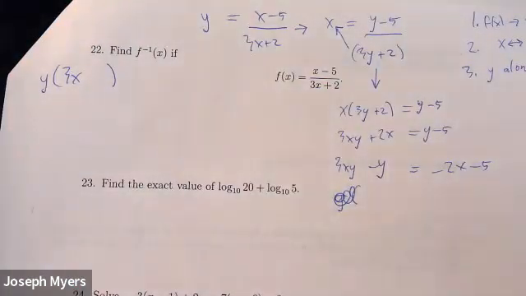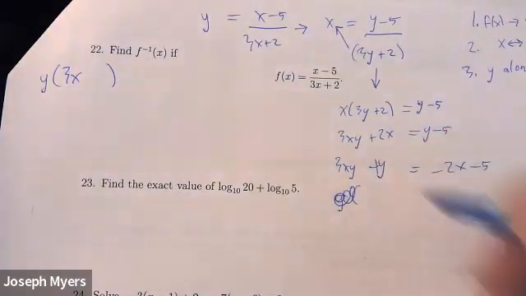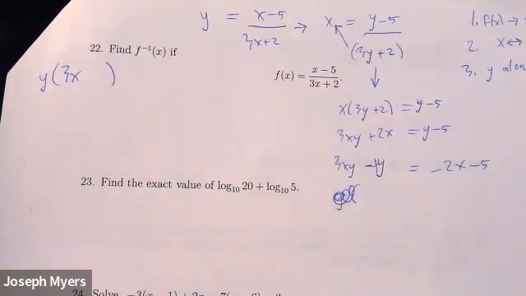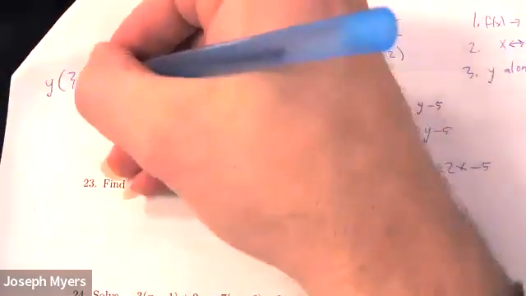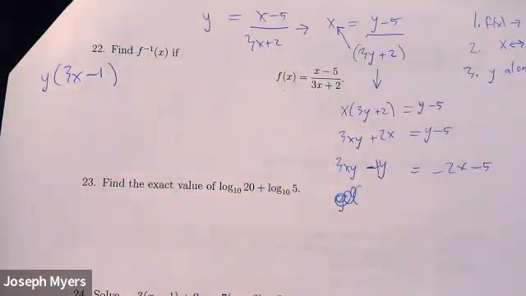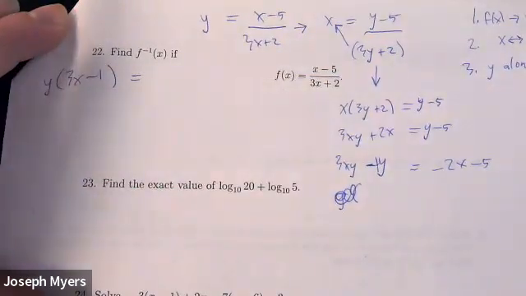Now remember, in front of that negative y, that really means negative 1y. So if you factor out the y, you'll still have the negative 1 in front of it. You have to leave that negative 1 there after you factor out the y, and that will still equal negative 2x minus 5.